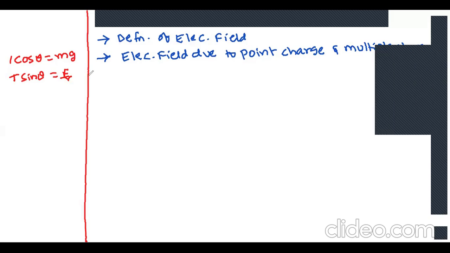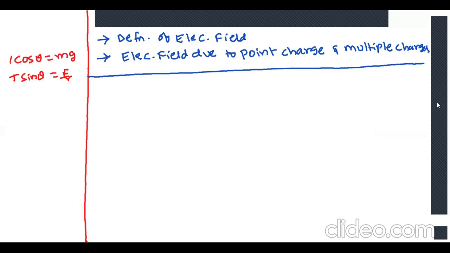First, see here. Let us consider a point charge. I am considering this point charge as positive. We can also consider a negative one.